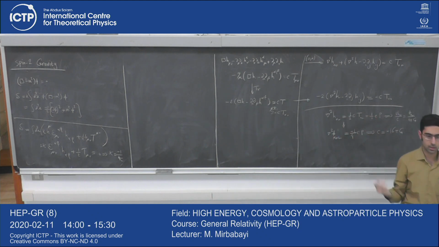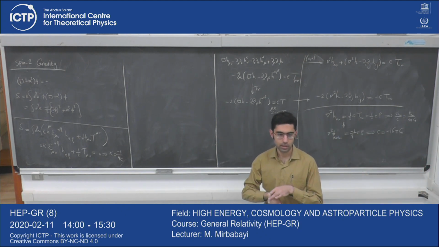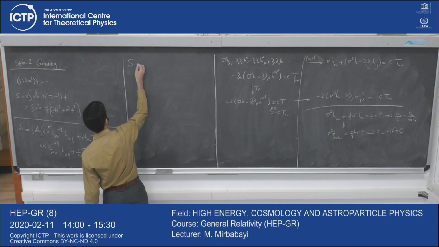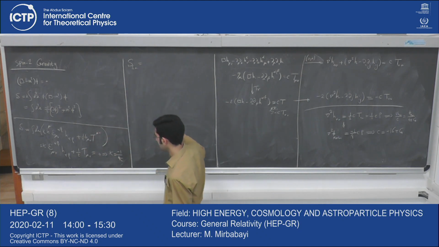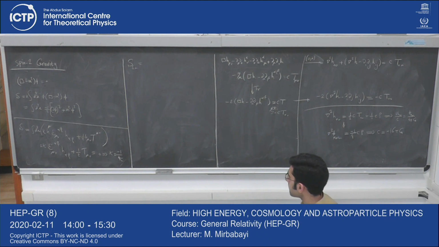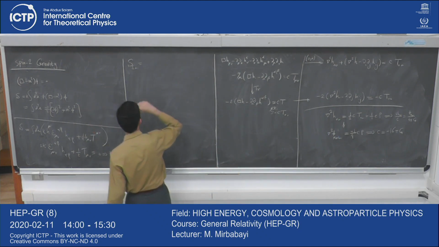And then we can go through the exercise of doing integration by parts to write the action in the first order form, meaning having only one derivative acting on h. So S first order is obtained by doing some partial integration.